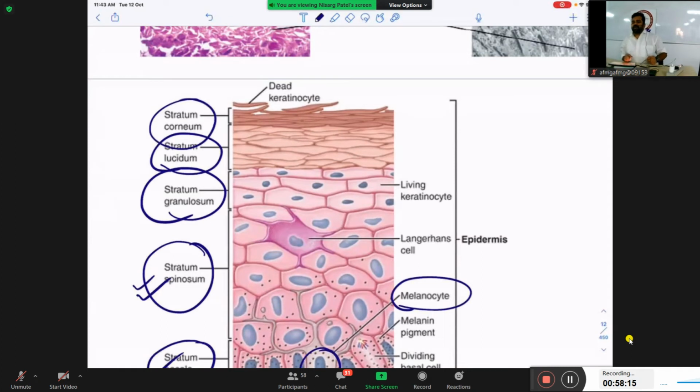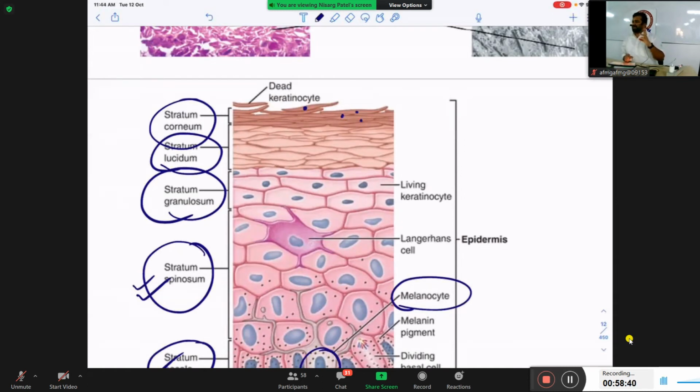Stratum corneum, uppermost layer, highest amount of keratin, absent in which two conditions? Prematurity and very low birth weight. These cells are anucleated cells. If I see the nucleus, parakeratosis, which two conditions?